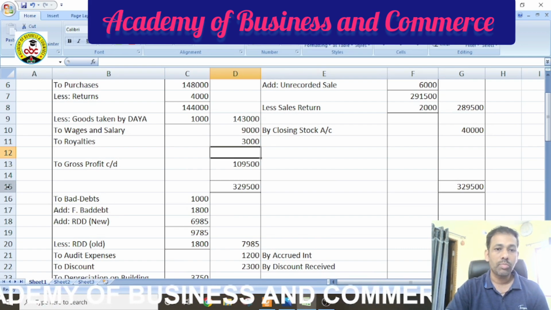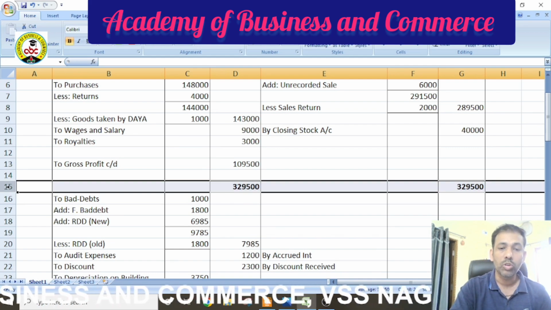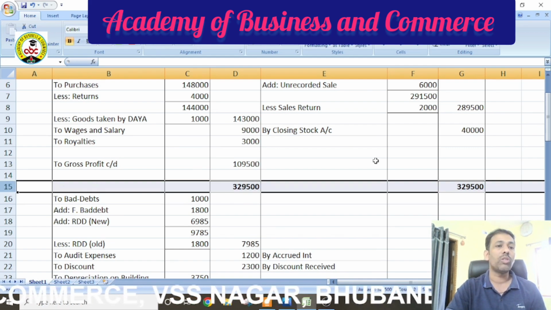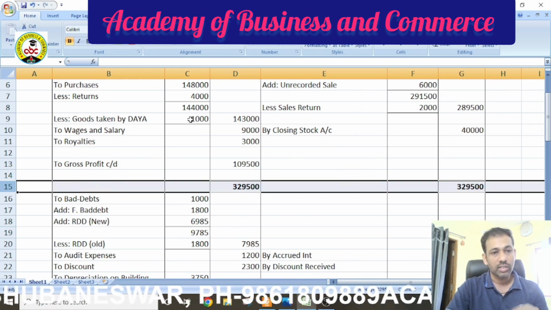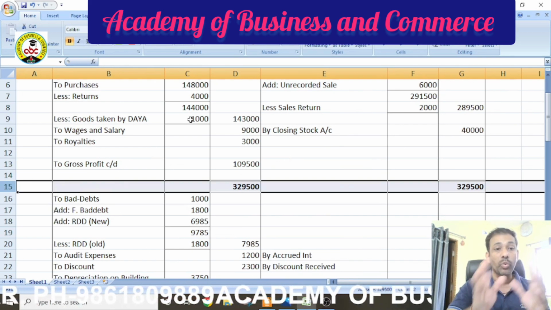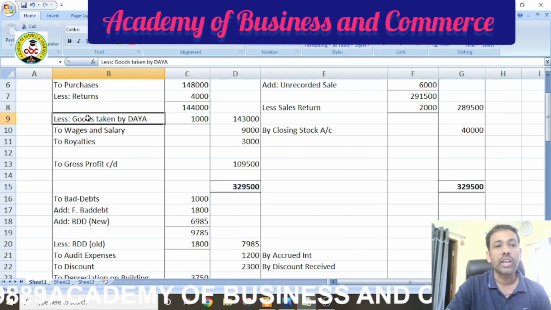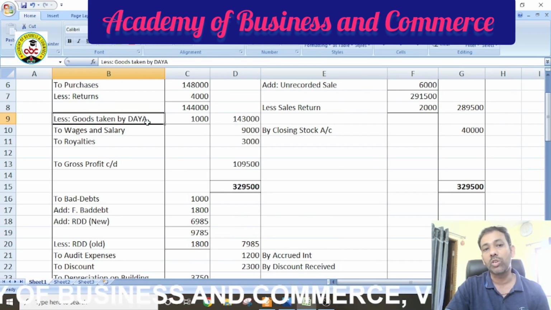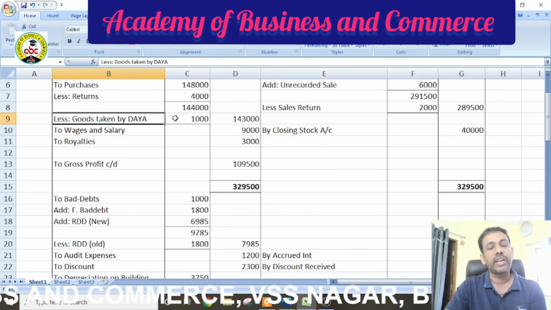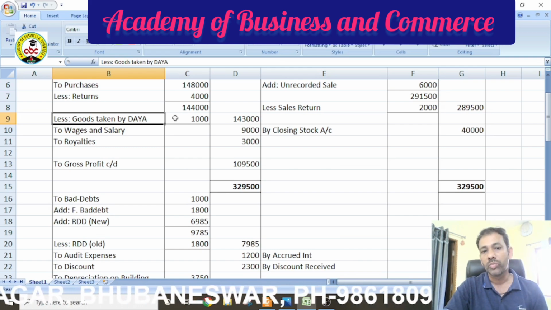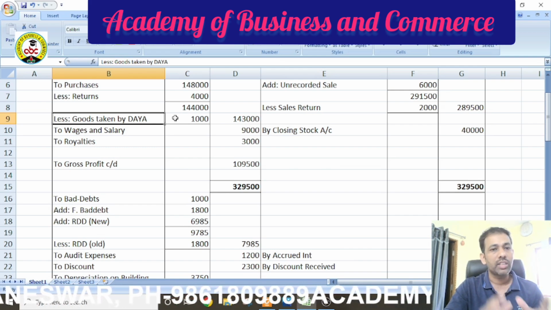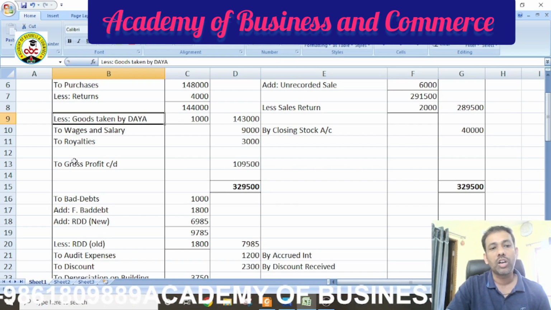Here, the grand total of the trading account in our book and our grand total are not matching, because of only one thing: another way of treatment, that is, goods taken by Daya for personal use. In the book that is taken into the credit side, but I have already deducted it from the purchase, so there is no impact. This is the same treatment, so our gross profit is matching.